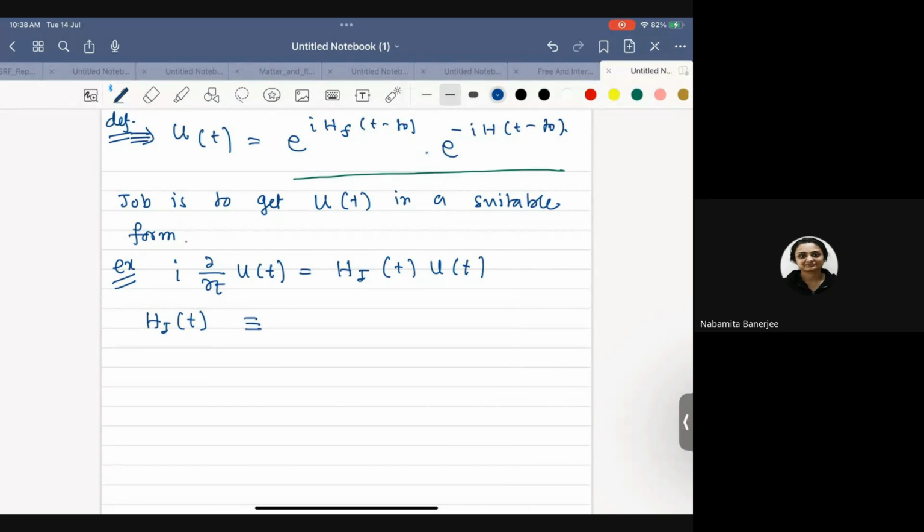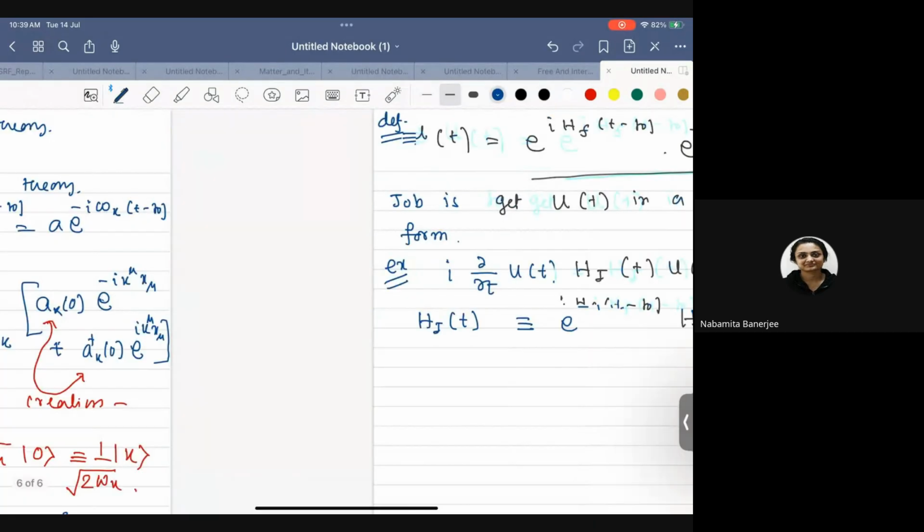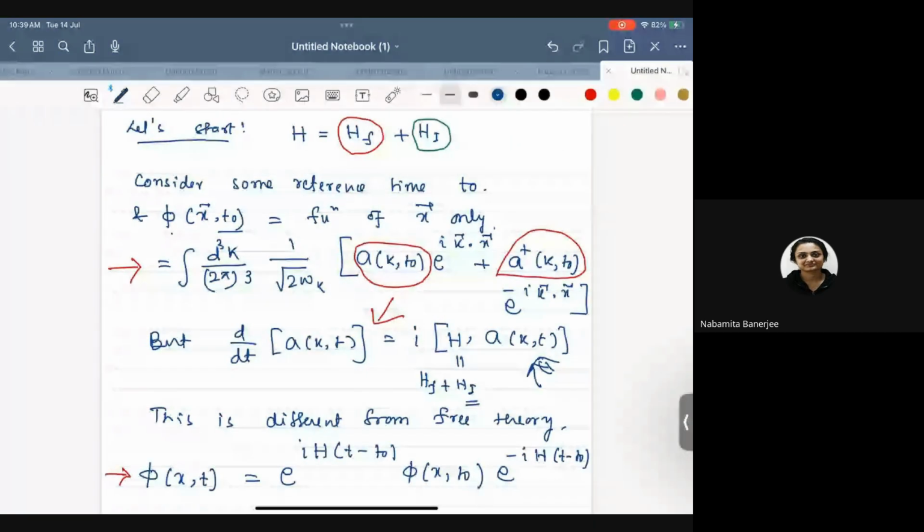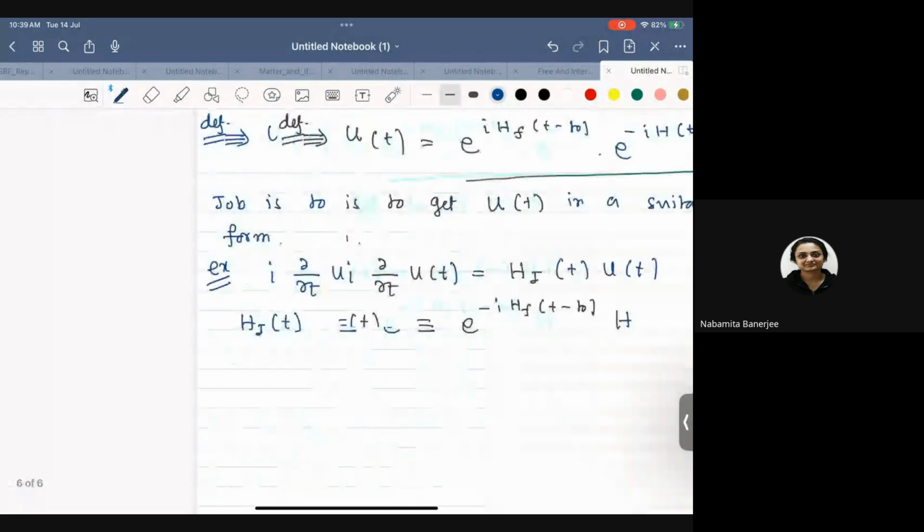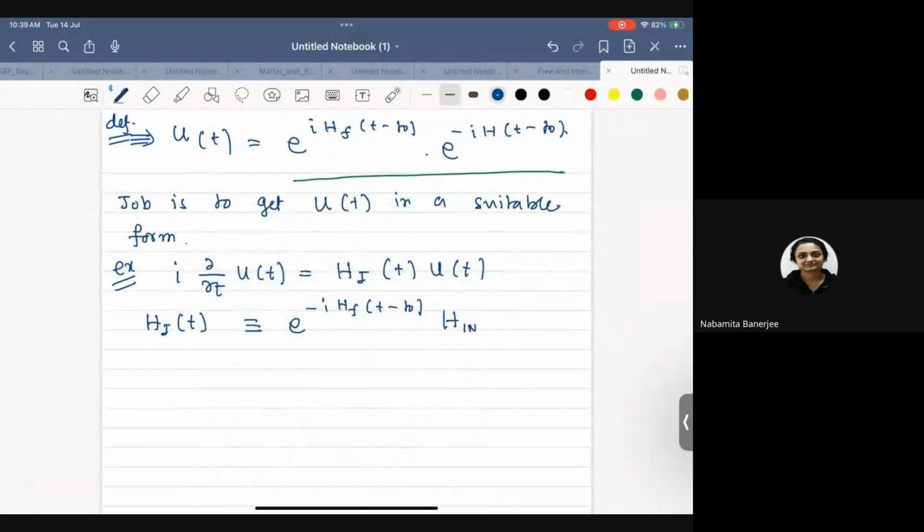This is the operator. H_I(t) is exponential of i H_F (t − t_0) times H, let me call it H interaction at t_0, times exponential of −i H free (t − t_0).